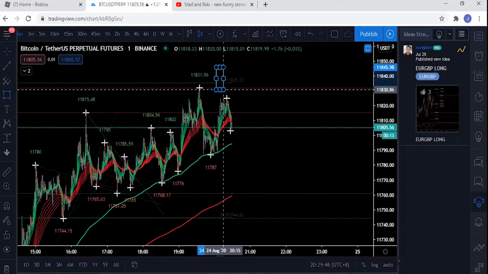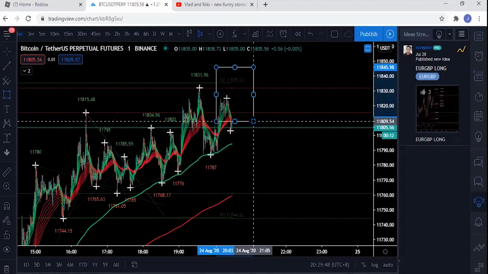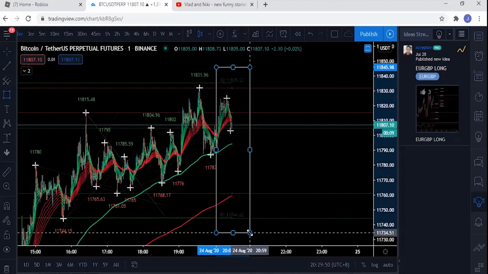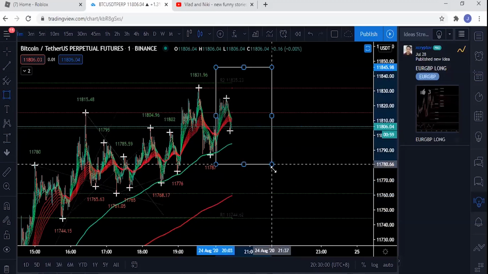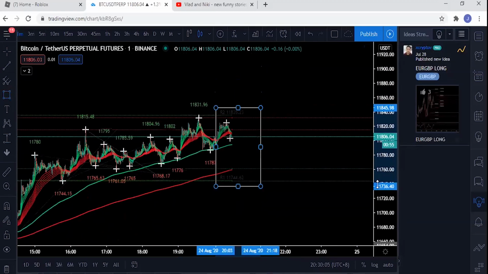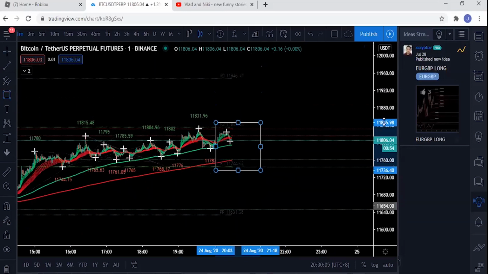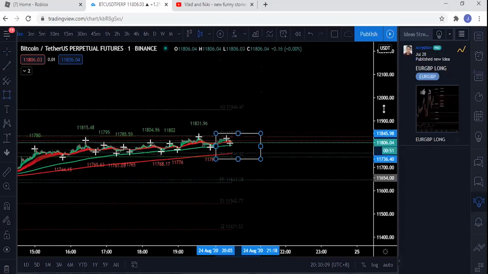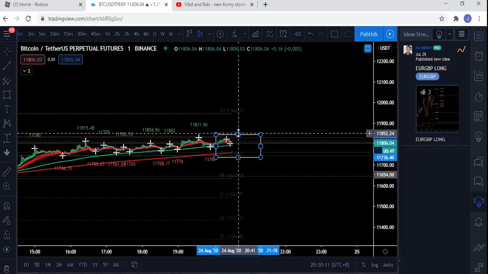This is our pivot. This is our key level pivots. This one is resistance. These are our pivot points.